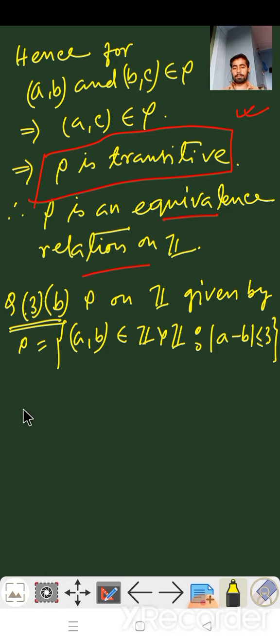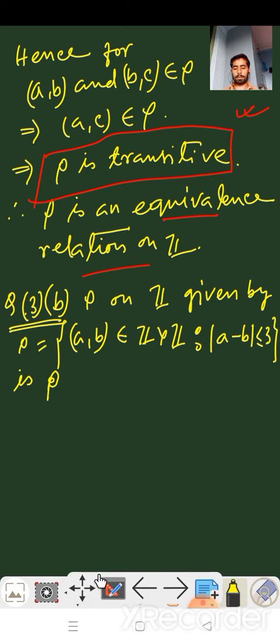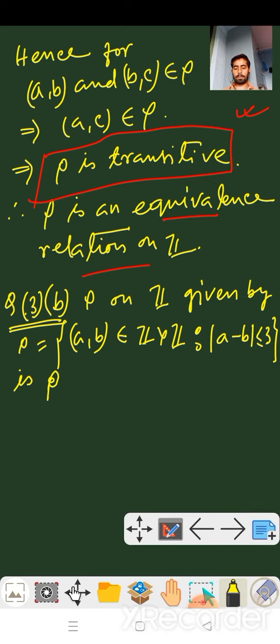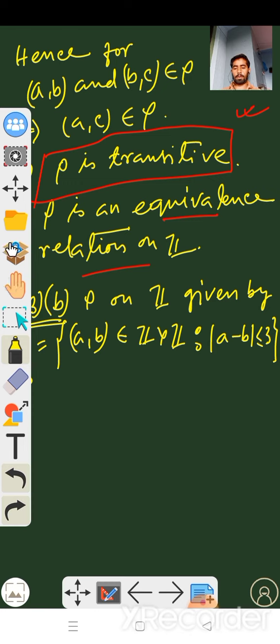Now the question is: is rho an equivalence relation or not?